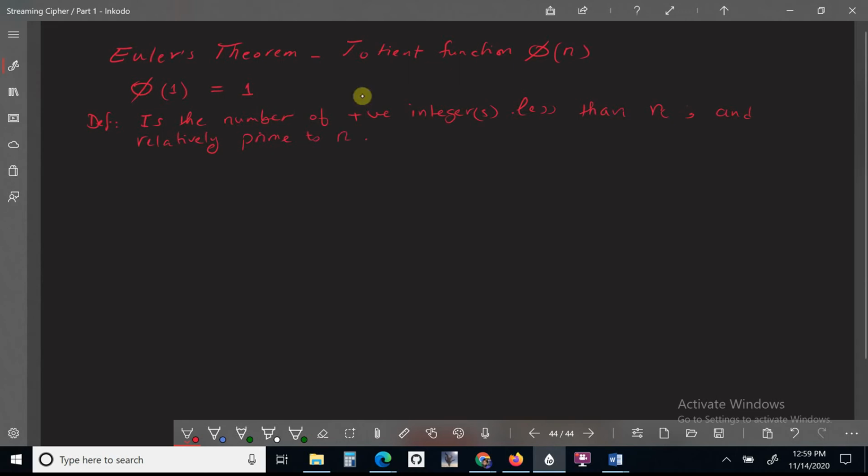Okay, to explain the definition, I will begin with an example. Let's say that we want to evaluate the totient function phi of 37. So let's find out. First of all, 37 is an integer, and we're talking about positive integers, so this is a positive integer.